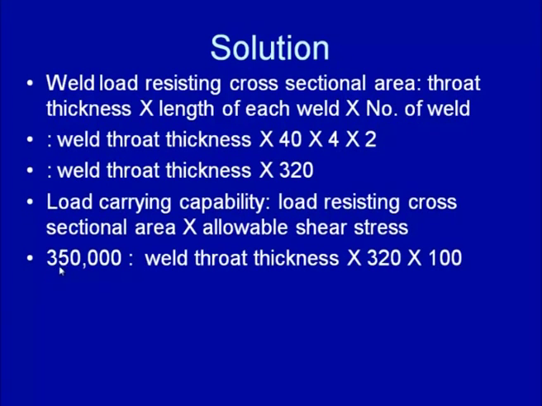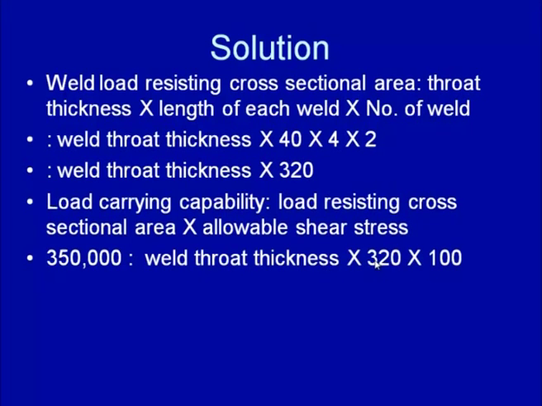So, here 350,000 Newton load is being applied, and that is being equated to the weld load resisting cross sectional area, that is throat thickness multiplied by 320, and multiplied by the allowable shear stress, that is 100.